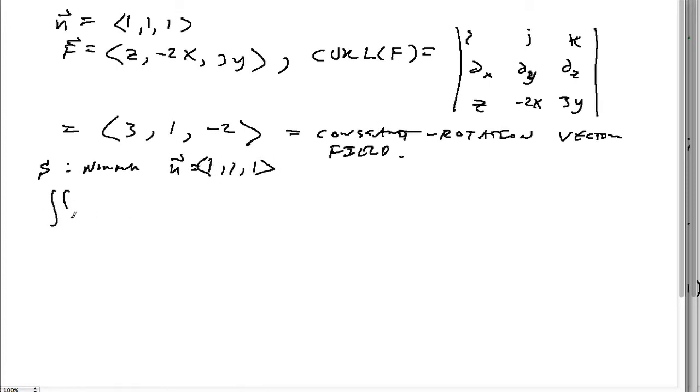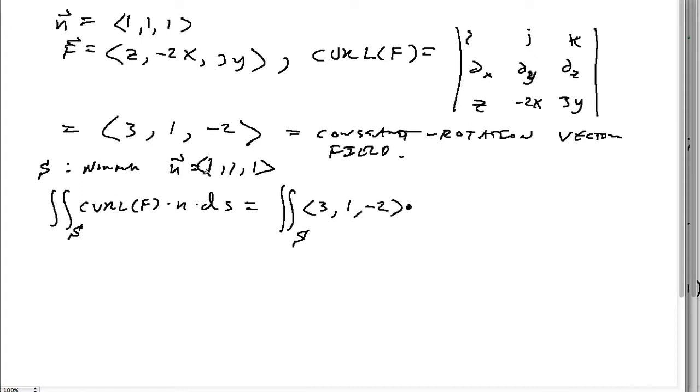So our curl integral dotted with n times dS over our surface will then reduce to the curl vector dotted with 1, 1, 1 dS, and we can compute that to be 3 plus 1 minus 2, and that's going to be 2 dS.